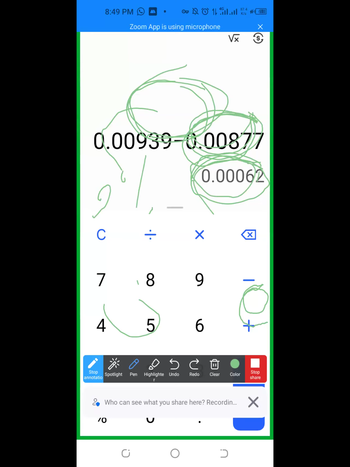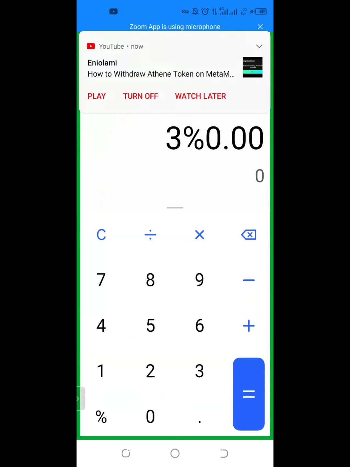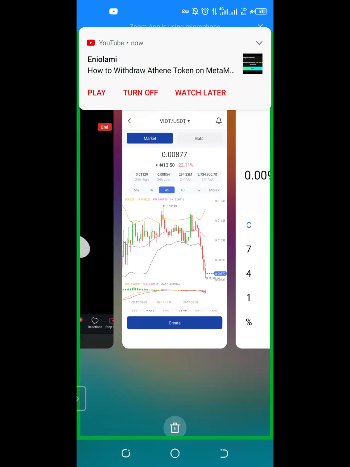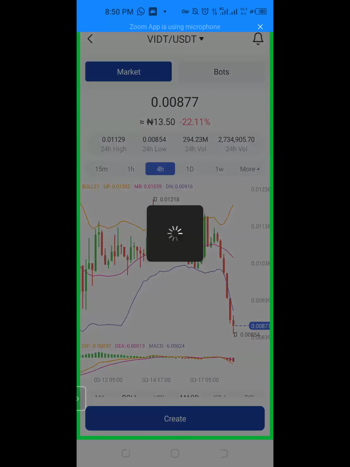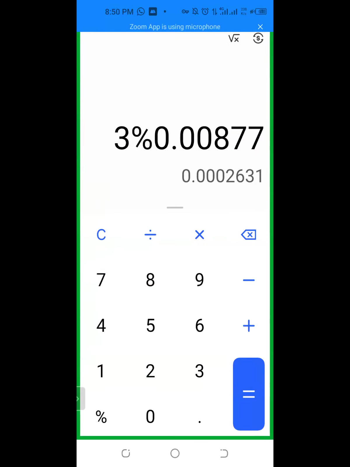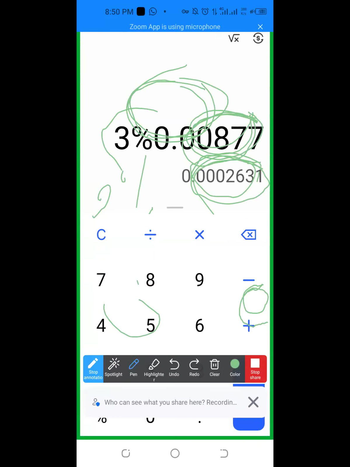So let me do 3% of 0.00877. You can see it is not yet up to the difference of 0.006.